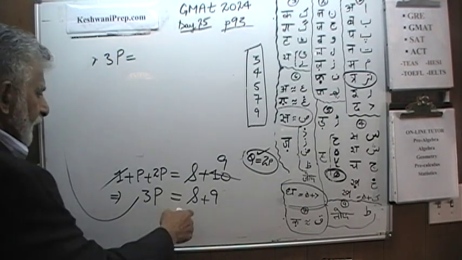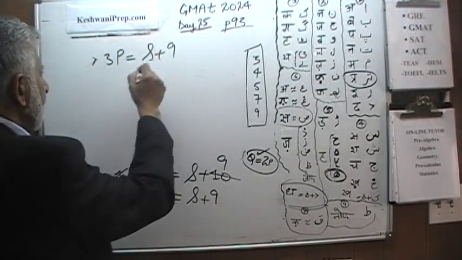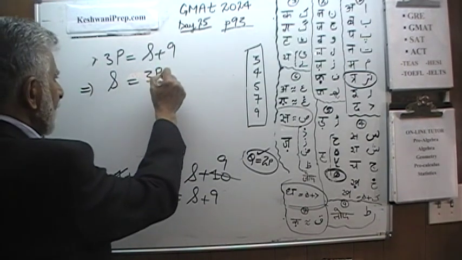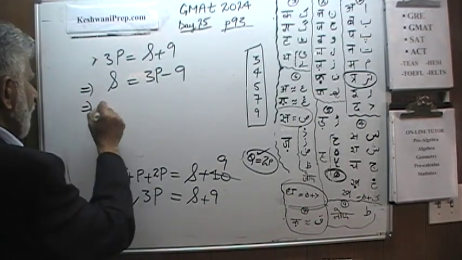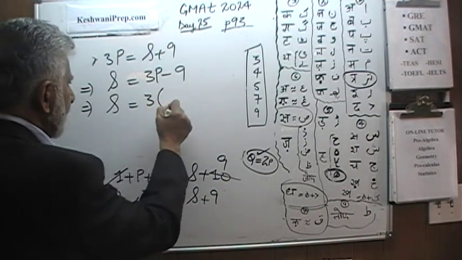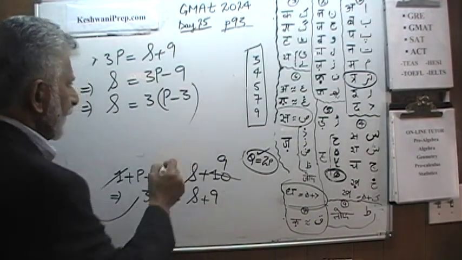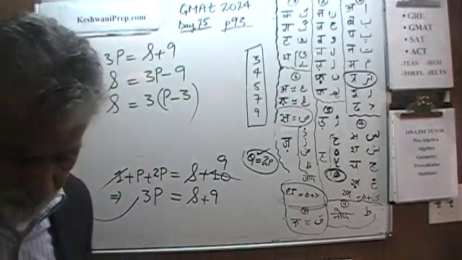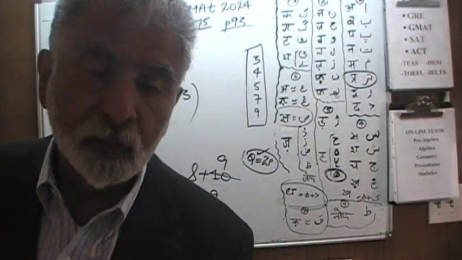3p equals s plus 9, which in turn implies that s must equal 3p minus 9, and that in turn implies that s must equal 3 times p minus 3. Make sense to you so far? The question was which of the following could be the value of s.